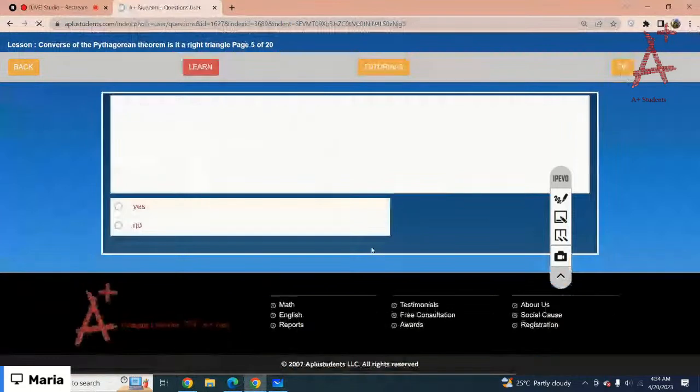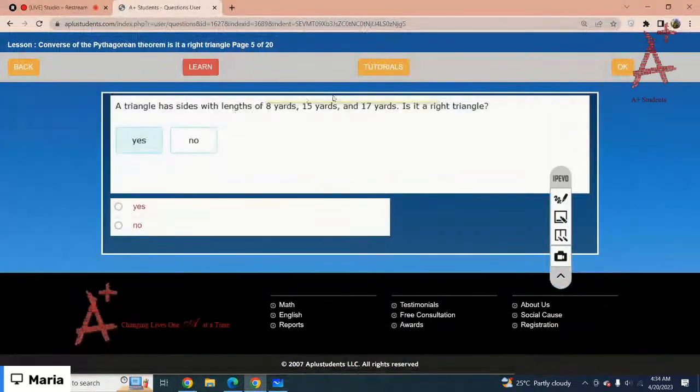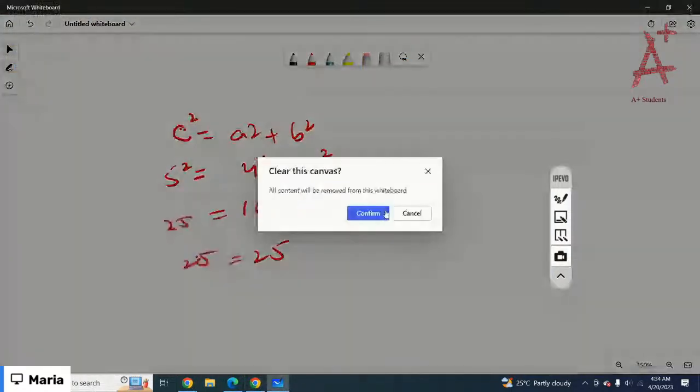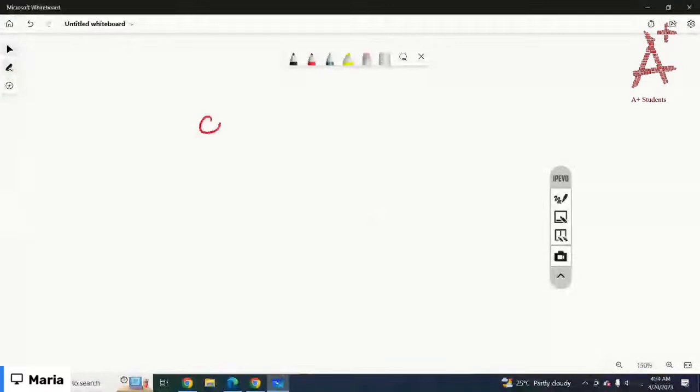Okay, the next one is a triangle with side lengths of 8, 15 and 17. So it is C square equals A square plus B square. The measurements are 8, 15, 17. 17 square equals 8 square plus 15 square.